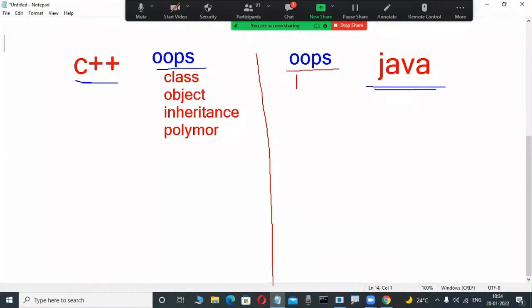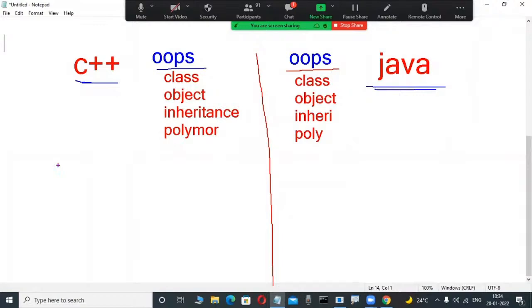What is class? What is object? What is inheritance? What is polymorphism? Conceptually, class, object, inheritance, polymorphism are the same in C++ and Java. Encapsulation, binding, and so on. But observe here.